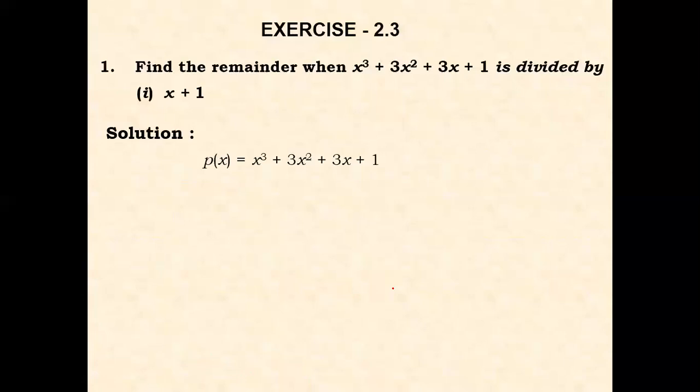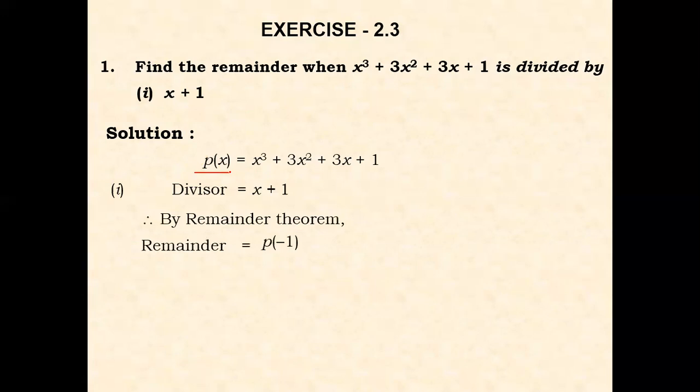First, we need to equate the given value or polynomial with px. We have considered it to be px, right? Now, x plus 1, that is the first part of question number 1, divisor. The zero of x plus 1 is minus 1. We know that how?